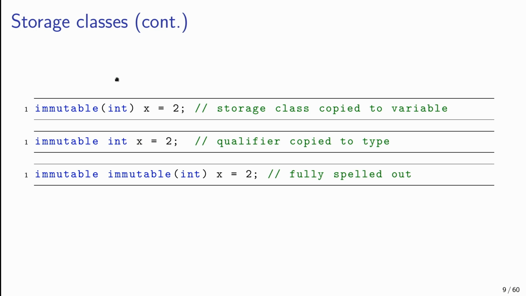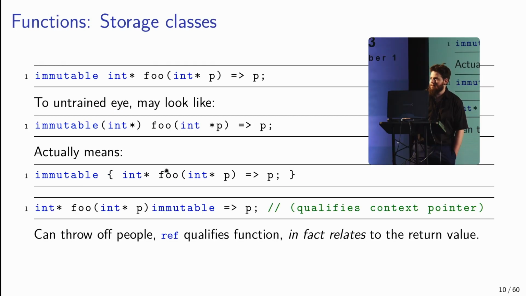So how in practice those things interact is that you can only specify one of them, and then the other one will be automatically added. You can actually write this. It's not considered redundant. And this is especially important for functions. So for example, here we have an immutable int pointer foo, and to many people, this looks like immutable int pointer.